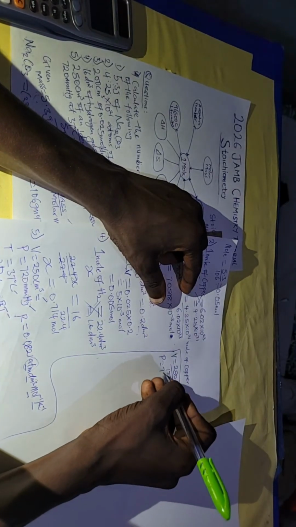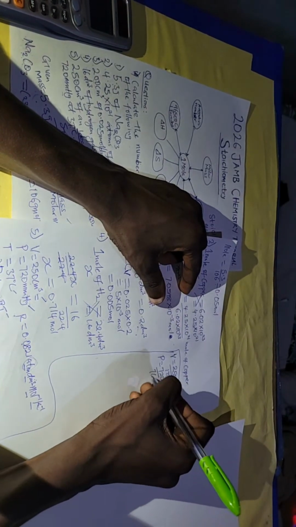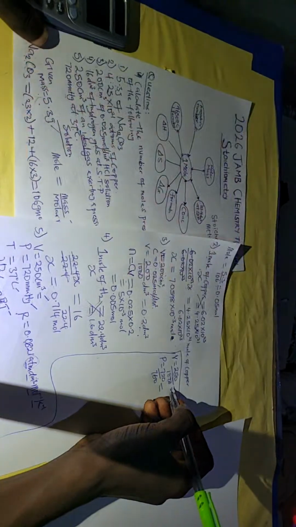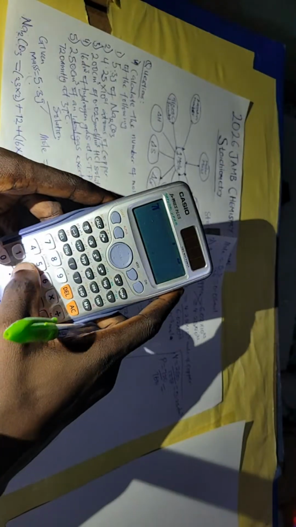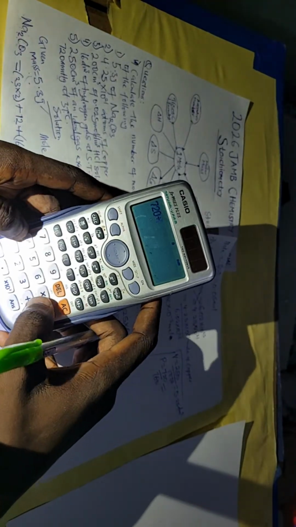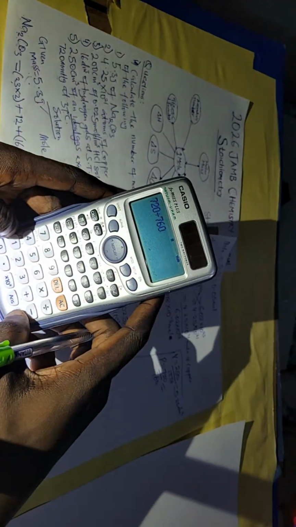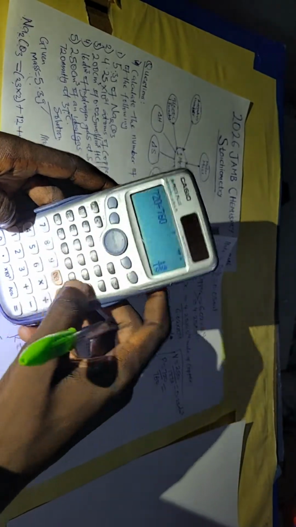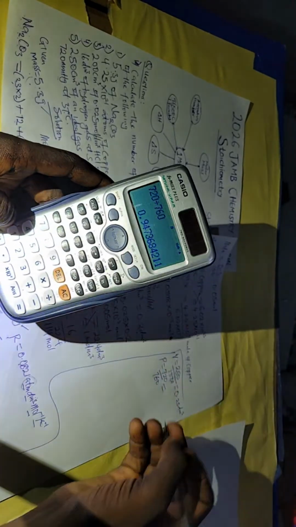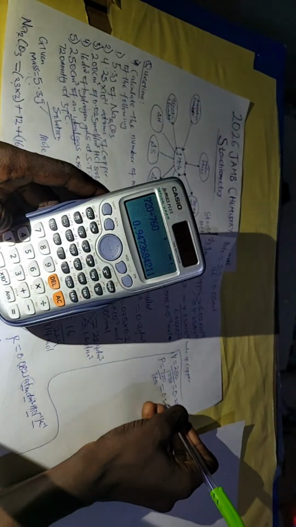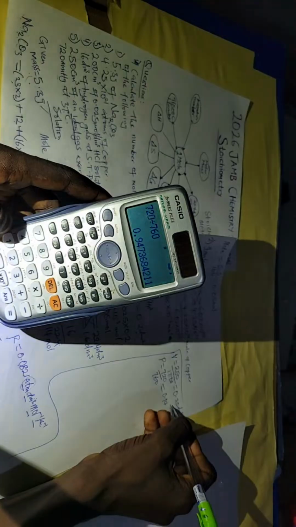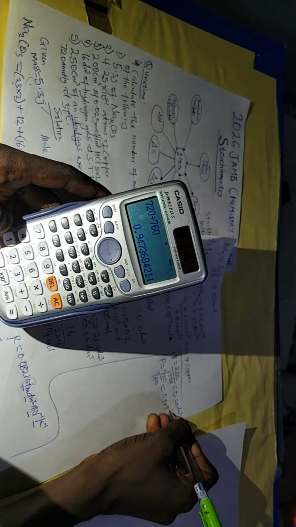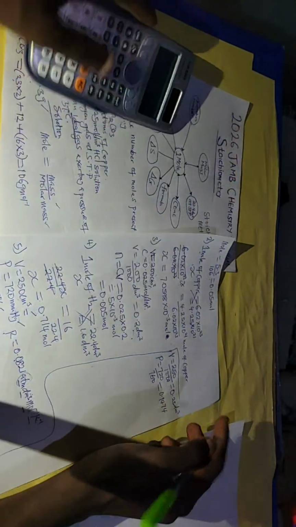So our pressure is 720 divided by 760, and that gives us 0.9474.